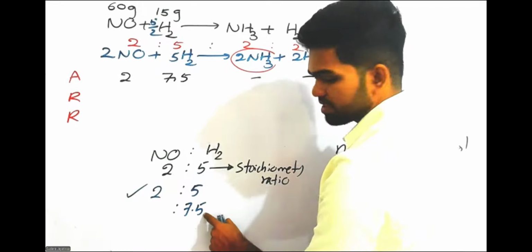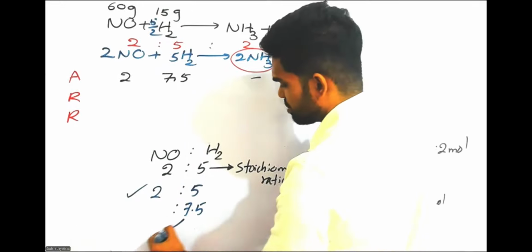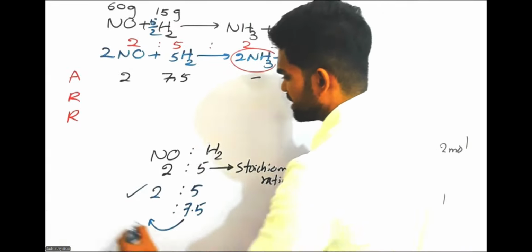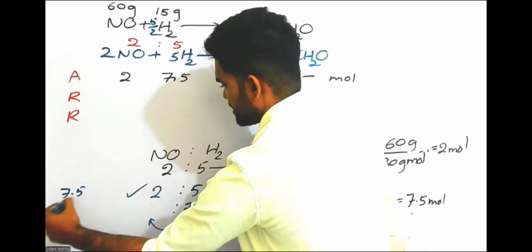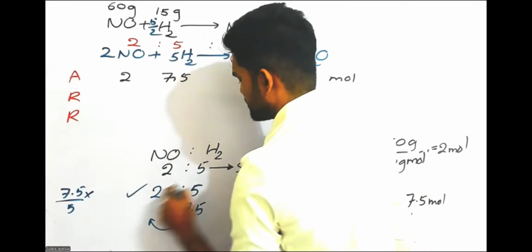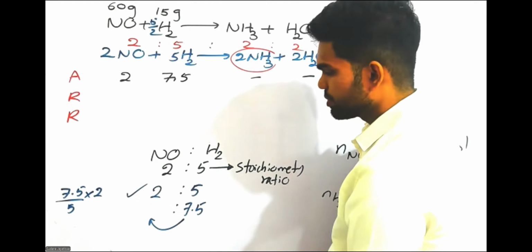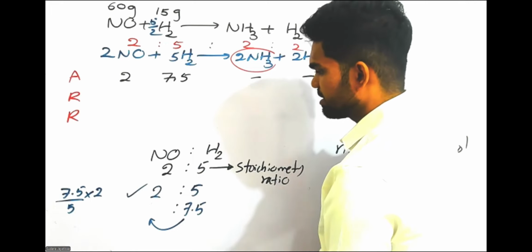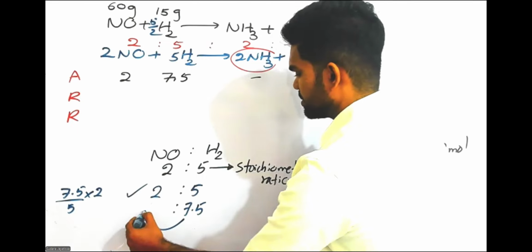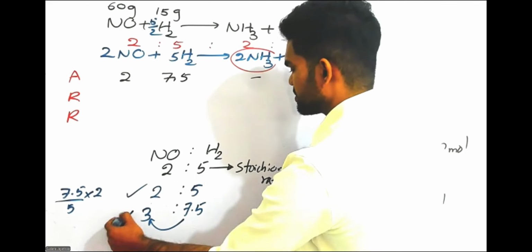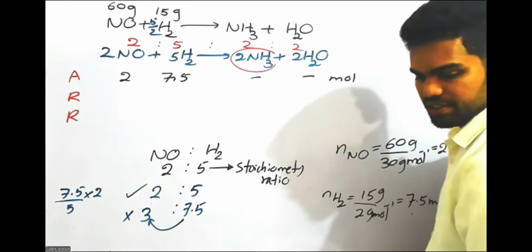If you are reacting this whole 7.5, how much is needed as NO? You have to find it by dividing 7.5 by 5 for its own stoichiometry and multiplying by the required stoichiometry, which is 2. Okay, so you need 3 moles. So you don't have 3, so therefore this ratio is not going to work.